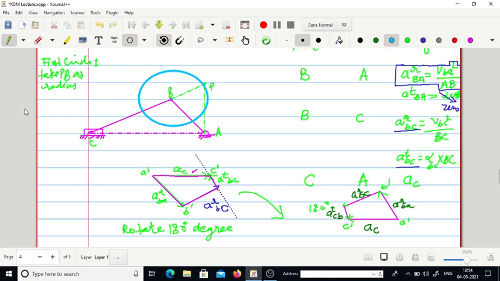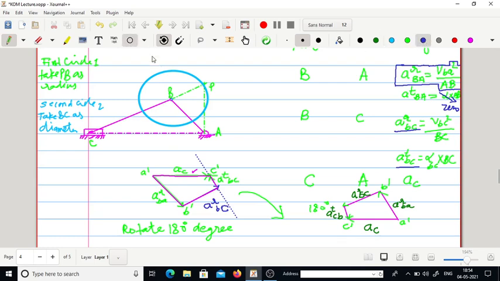Now for the second circle, take BC as diameter and draw a circle.